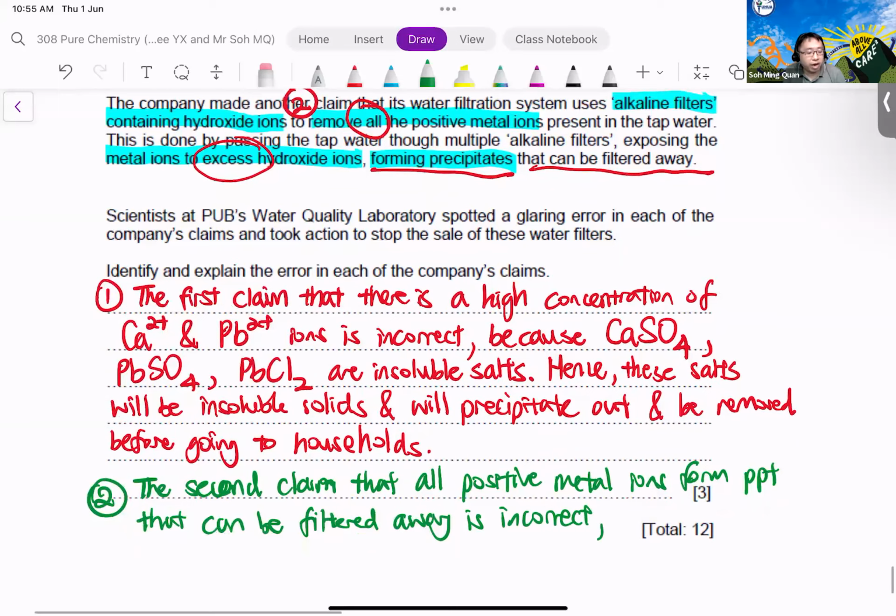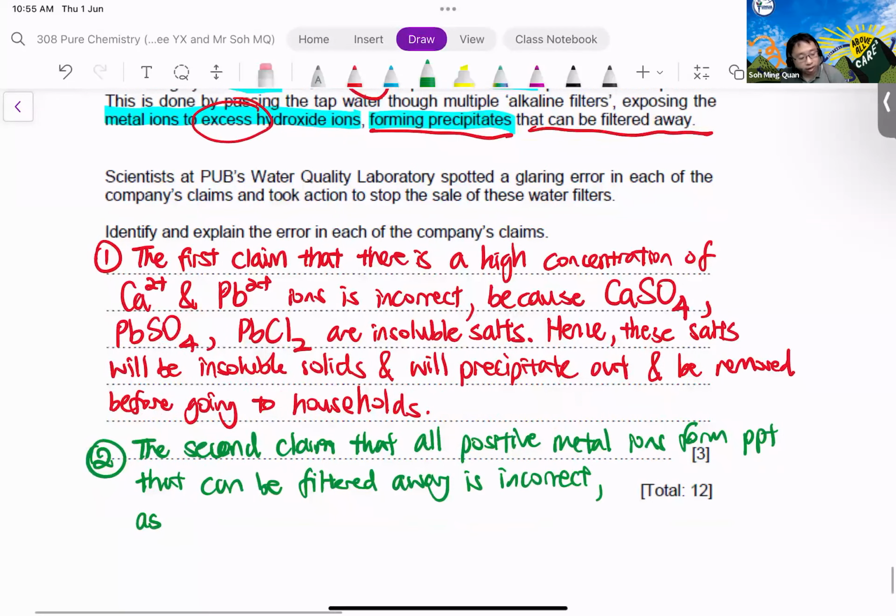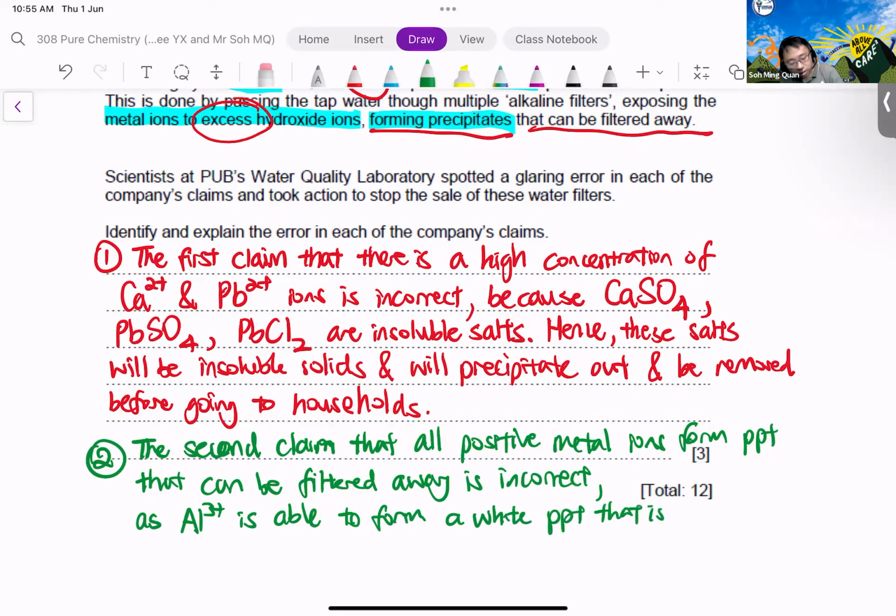Why is it incorrect? Because, for example, not Ca, sorry, what's remaining is Al3+, right? Al3+ is able to form a white PPT that is soluble in excess NaOH. So it cannot be filtered away.